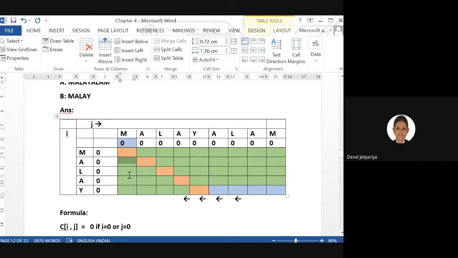In that case, we need to see its left hand side value and its above value. Between both values, whichever is the maximum, that we write down as the answer. Left and above value, whichever is maximum, you need to keep that as the answer.